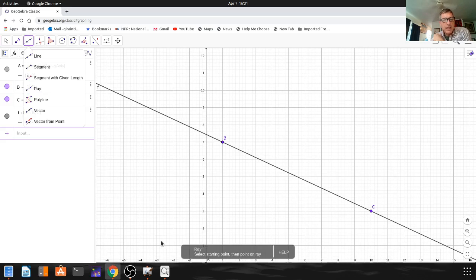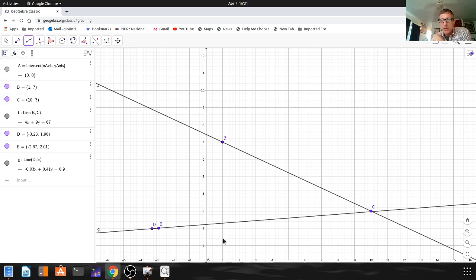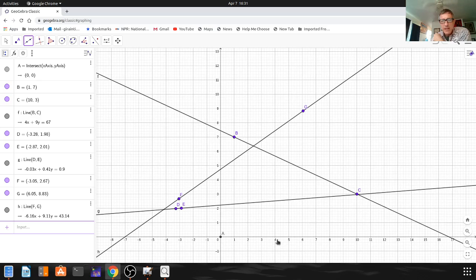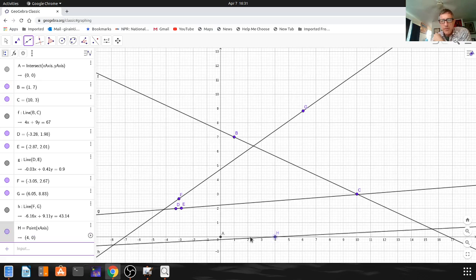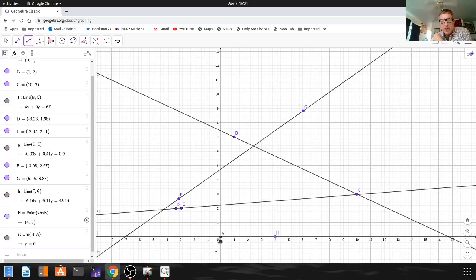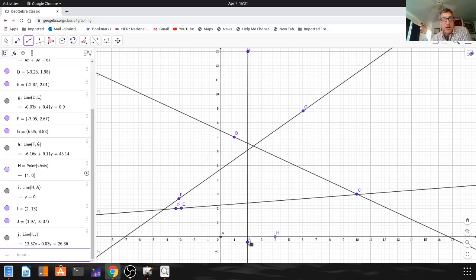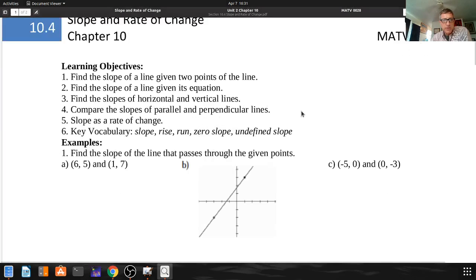On the other hand, slope that has you going uphill, like this line or this line, is positive, and slope that is just level is 0. And it's going to turn out that the slope of vertical lines does not exist. It's undefined.